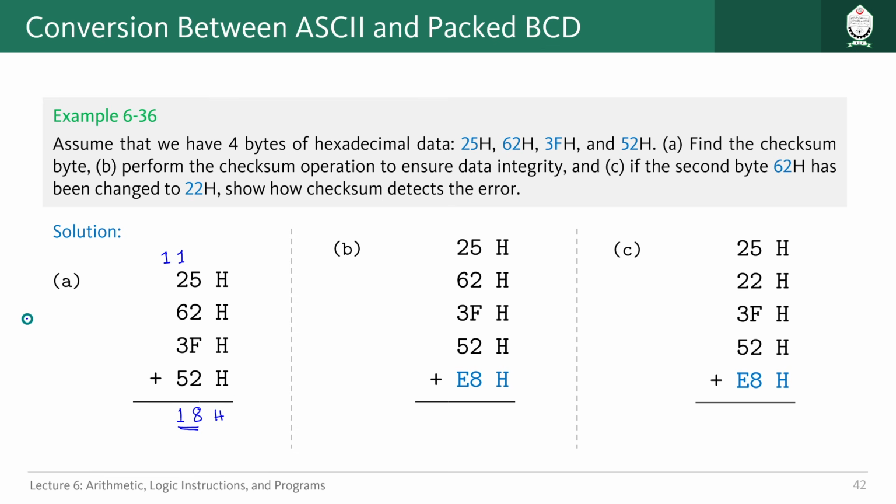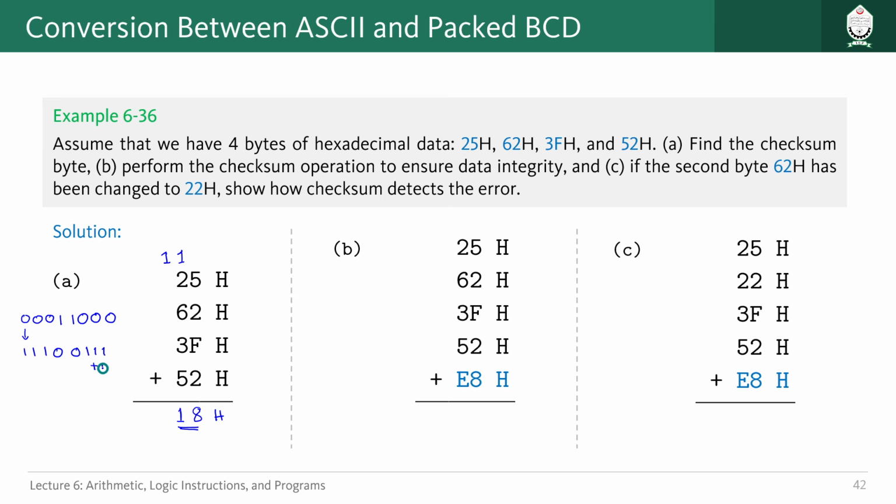18 in terms of binary value should be what? 0 0 0 1 1 0 0 0. The 1's complement is 1 1 1 0 0 1 1 1.